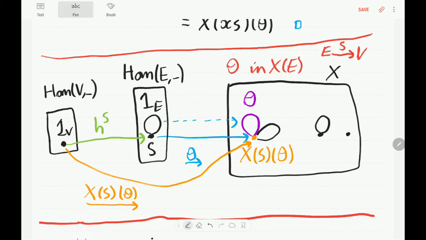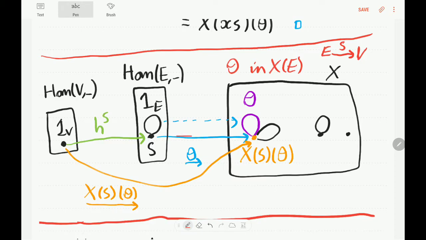And the action lemma tells us how we can think about this in a kind of arrow-based way. So the basic idea is that, using the Yoneda correspondence for this element of X, this theta here, we can find a corresponding arrow, theta underlined, which is really a natural transformation from Hom E comma blank to X, as indicated by these blue arrows here.